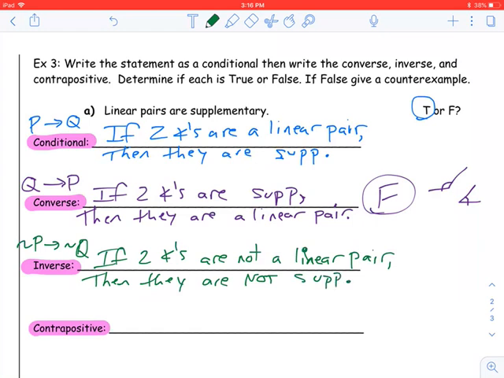Well, that's the same reason. If two angles are not a linear pair, it doesn't mean they're not supplementary, it just means they're not next to each other. Okay, so that'd be false.